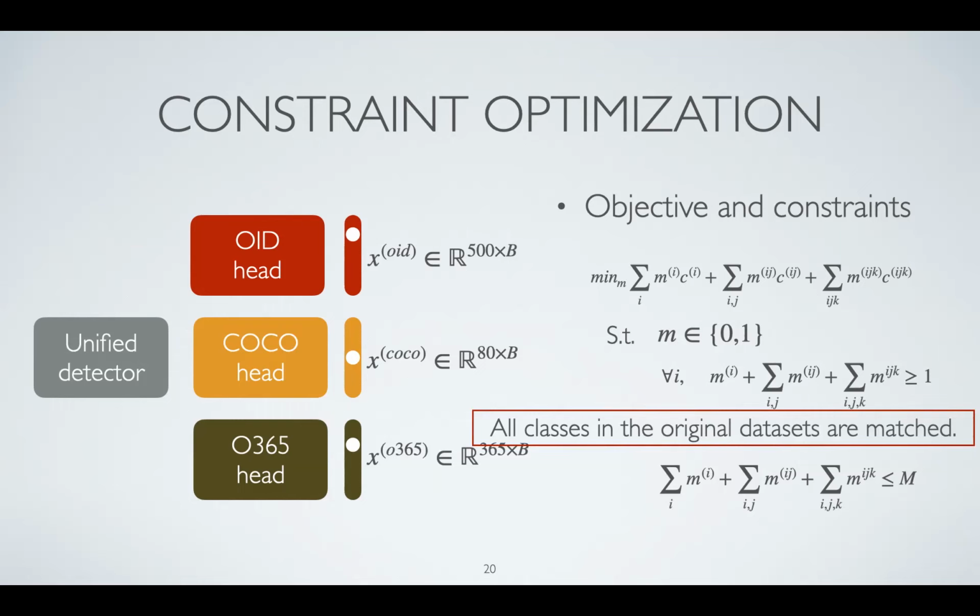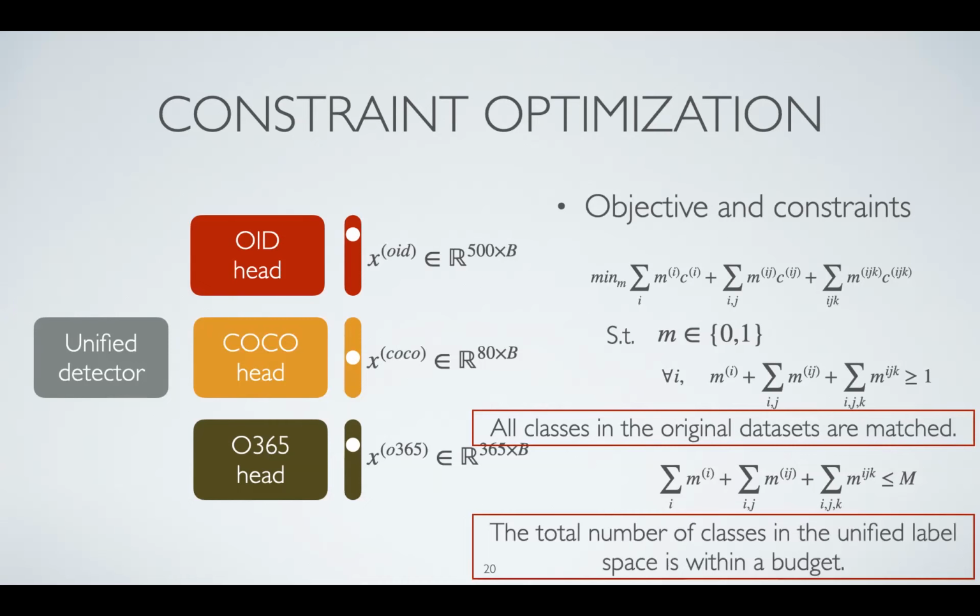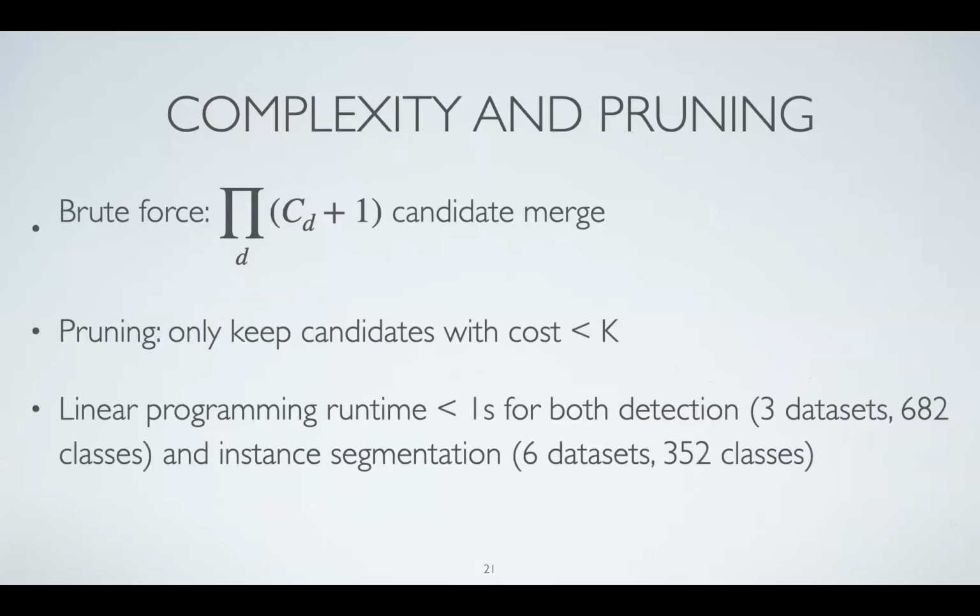This is to prevent the optimization algorithm from predicting a trivial merge that just concatenates the categories. In our experiments, we set the number of categories the same as the human expert label space for a fair comparison. Also, we relax the integer constraint to a continuous variable so that this optimization can be solved efficiently by linear programming. And in the end, we use a simple rounding to convert the results back to integers.